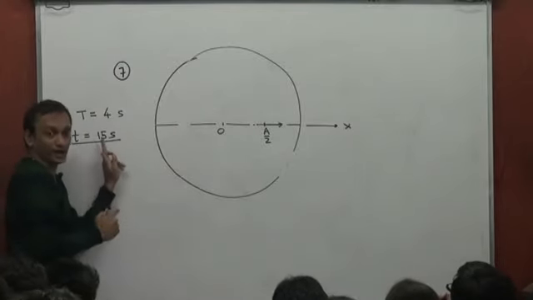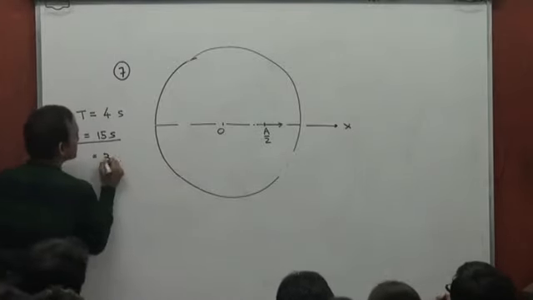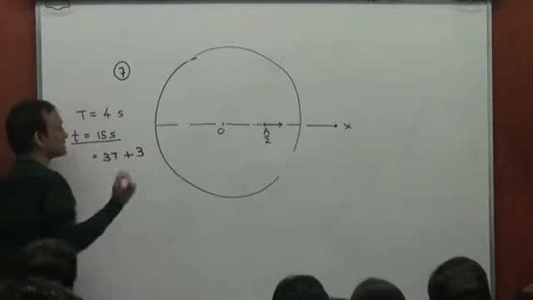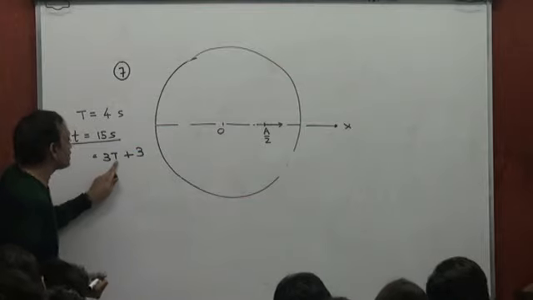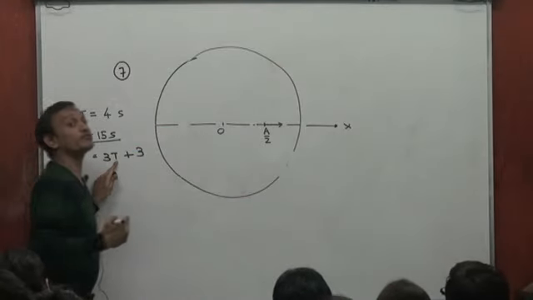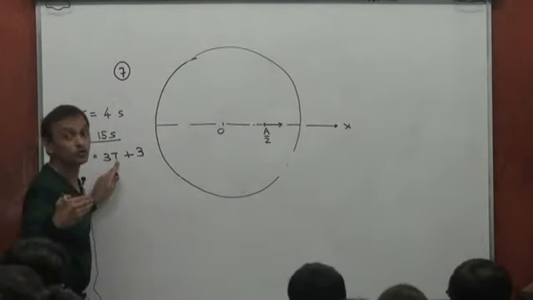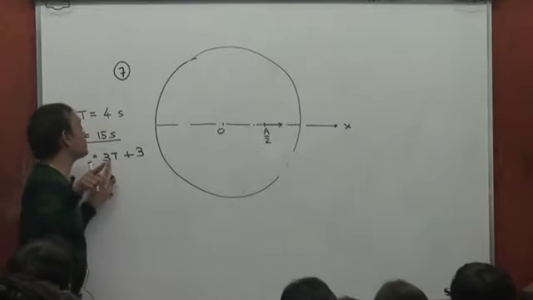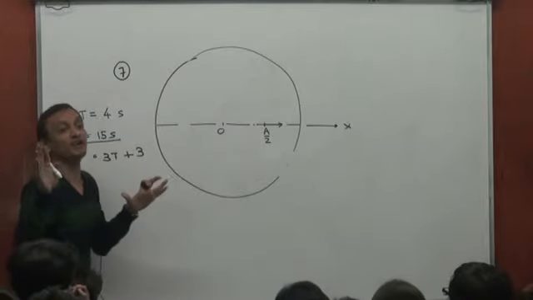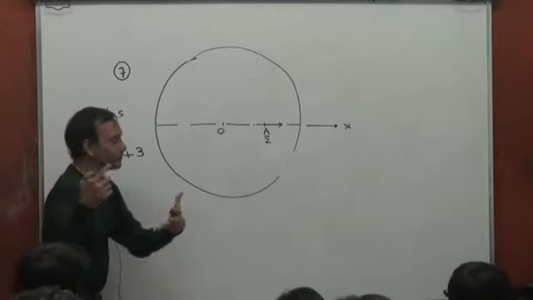So now, in 3 full time periods, it would have traveled 12a, because in a full time period, it travels 4a. So in 3 full time periods, it would have traveled 12a, right?